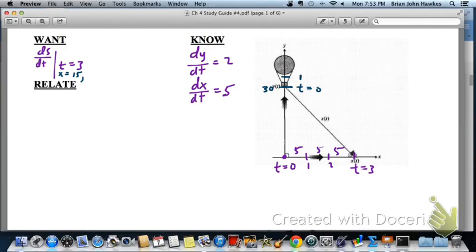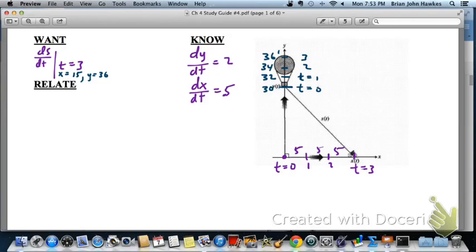At t equals 1, the balloon is 32 feet in the air. 2 seconds after that initial starting point, we have the balloon at 34 feet high, and then at the 3 second mark, the balloon is 36 feet high. Okay, so then that would be y equaling 36. So then we have all the information we need.